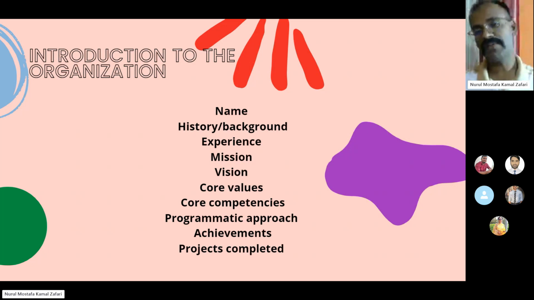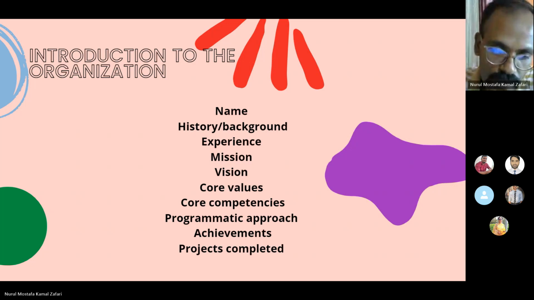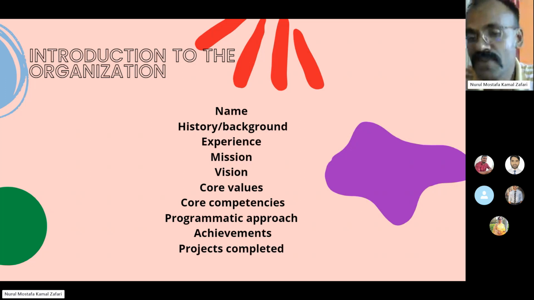On the basis of history, background, experience, mission, vision, core values, strategic plan, and core competencies, they define their programmatic approach. How? It means what programs they will run and what their approach to a program will be.